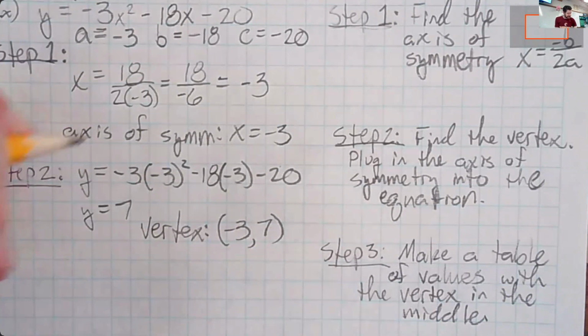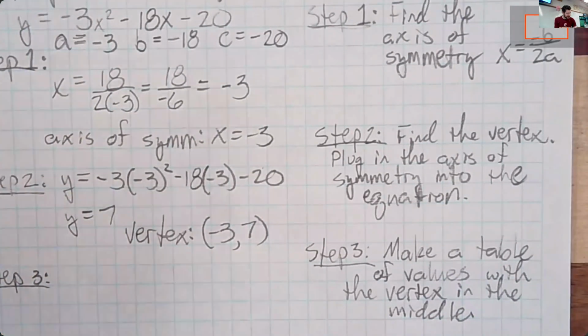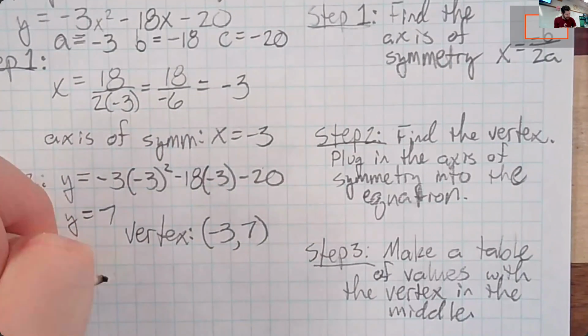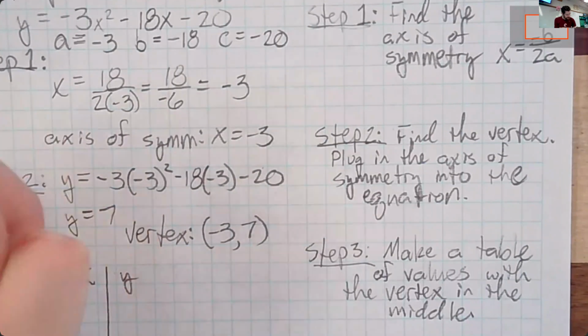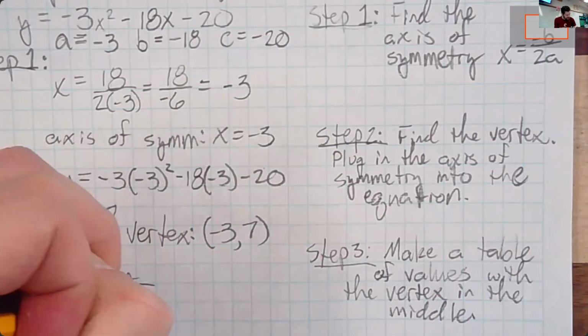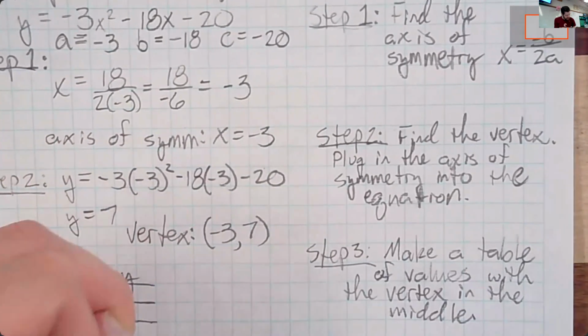So here's step 3. Let's start with 5. Why not? Let's just do 5. X and Y. Table of values, and make it a little bit bigger. 1, 2, 3, 4, 5.